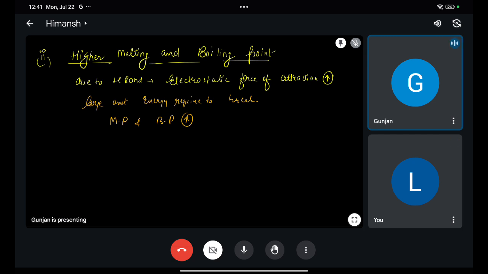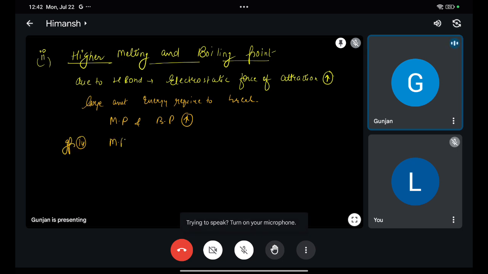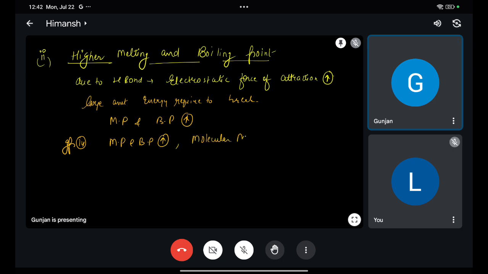There are certain plots as well, I guess. Yes, ma'am. Melting point and boiling point increase as the molecular mass increases. So in group number 14, melting point and boiling point increase as the molecular mass increases due to the size of the atom.